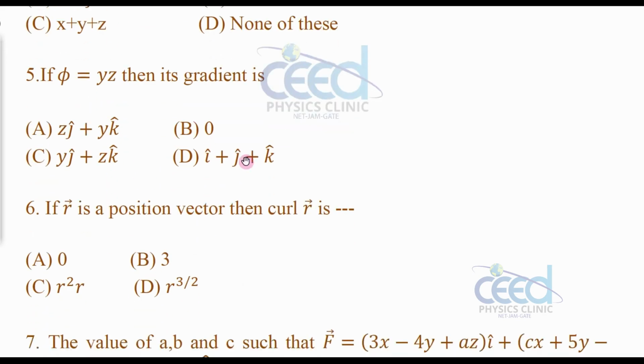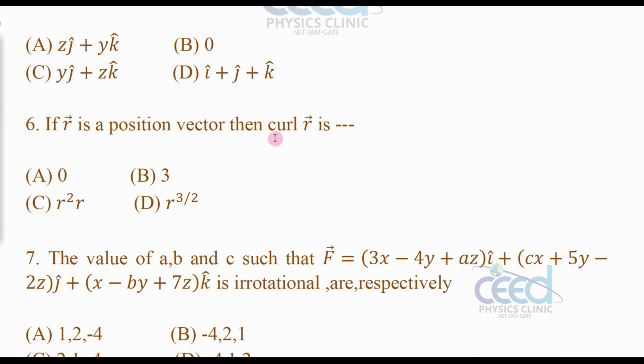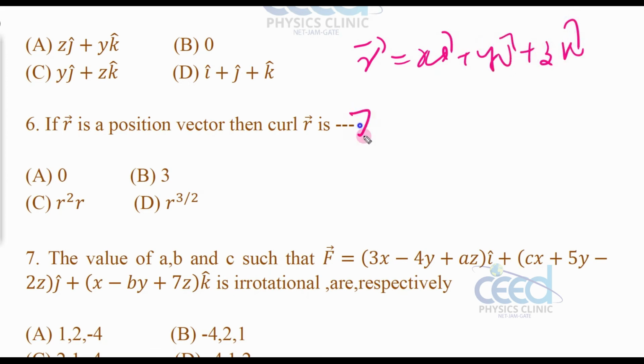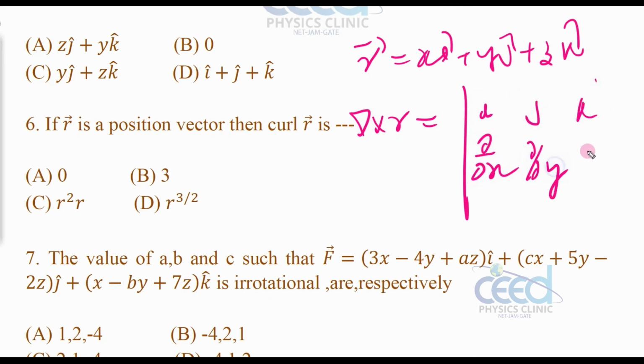Now if R is a position vector, then div R is 3. What about curl R? R is a position vector, so R is equal to x i cap plus y j cap plus z k cap. What is curl R? Del cross R is the determinant with i j k, dou by dou x, dou by dou y, dou by dou z, and x y z.